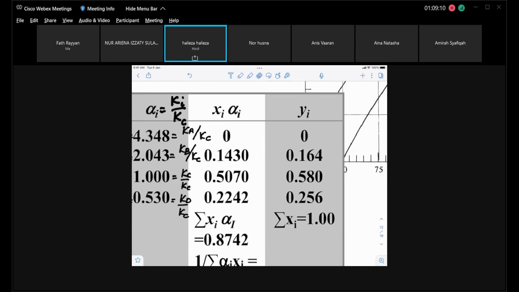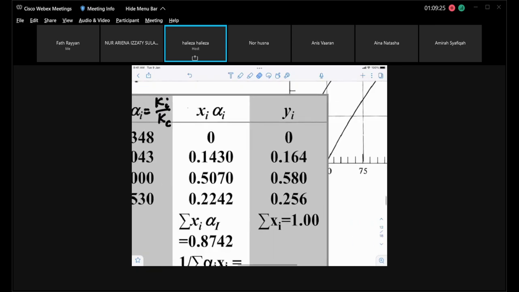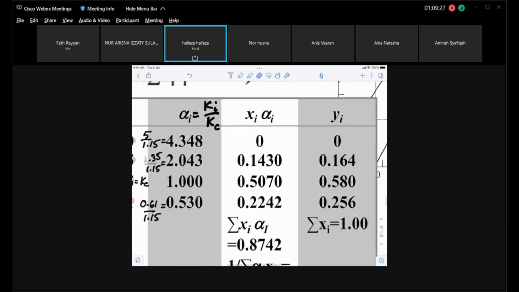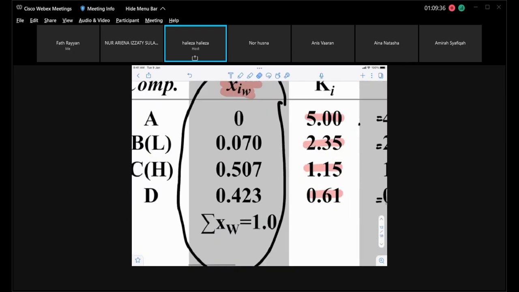I'm going to tidy this up. Oops, do not erase that. So now for that column here, I multiply the value of alpha that I got from the previous column, that's the relative volatility. I'll get it from this column and multiply it with the composition, which is that composition.